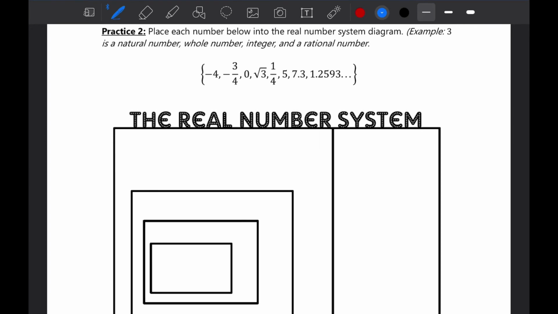So we know that the smallest box here is called natural number box, and the number that includes all natural numbers are whole numbers, and all the numbers that include whole numbers are integers. And then the bigger box will be rational number. On the right hand side, this is irrational numbers.